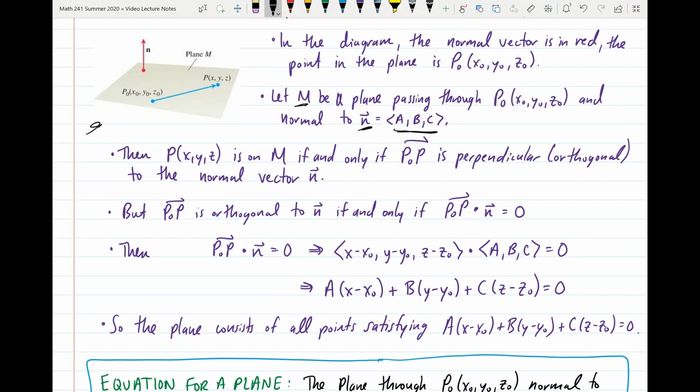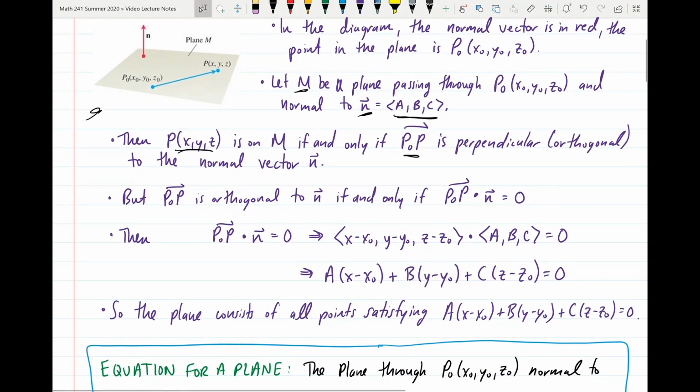Then a point P, with coordinates x, y, z, is on our plane M if and only if the vector that goes from P0 to P is perpendicular or orthogonal to the normal vector N. All right, so I'll say that again. A point with the coordinates x, y, z is on the plane M if and only if the vector that goes from P0 to P is perpendicular or orthogonal to the normal vector N.